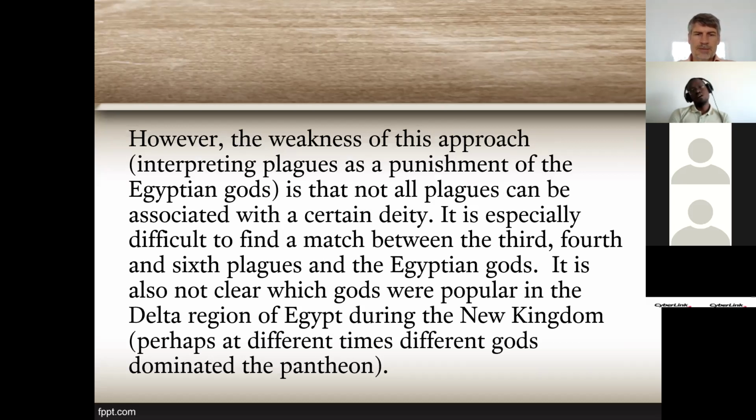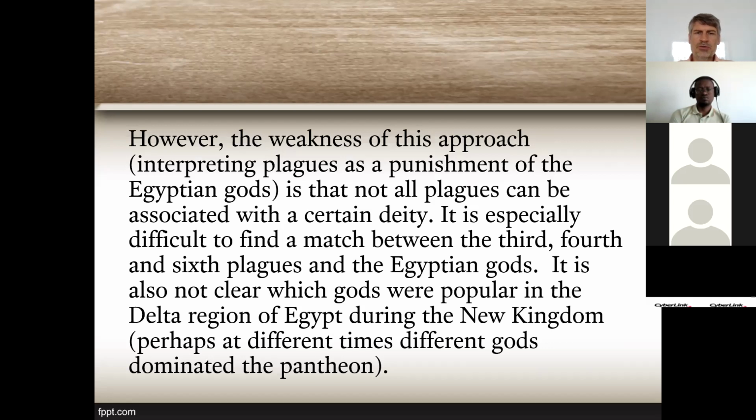Yes, and the weakness of the approach, when we say that every plague was directed against a particular god, is that we do not know very well all the pantheon of Egyptian gods. What is also important is that Upper and Lower Egypt usually had different pantheons of gods, so there is no consistency here.